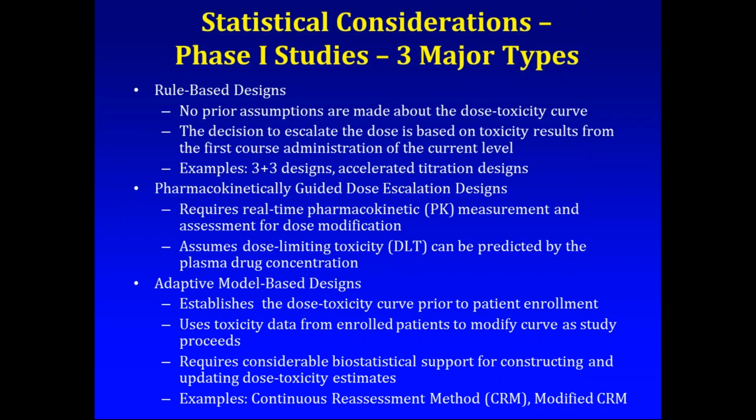That one uses toxicity data, and from my point of view, the third one is important, actually. Those types of designs require considerable biostatistical support for constructing them and then updating those toxicity estimates.